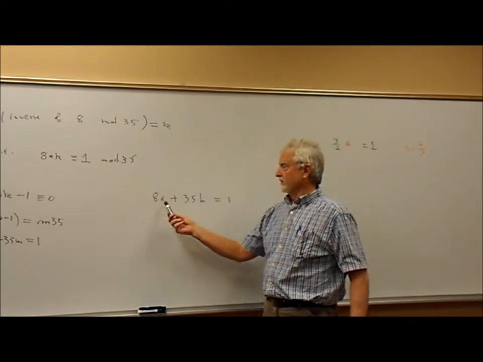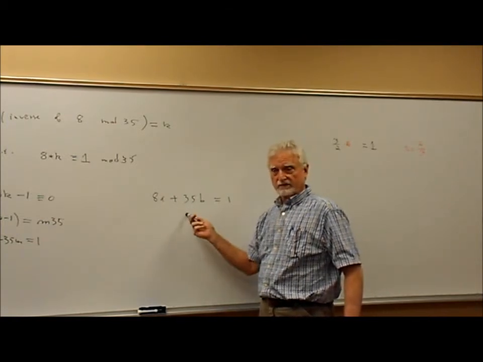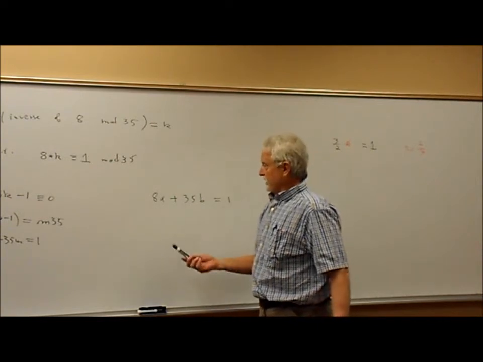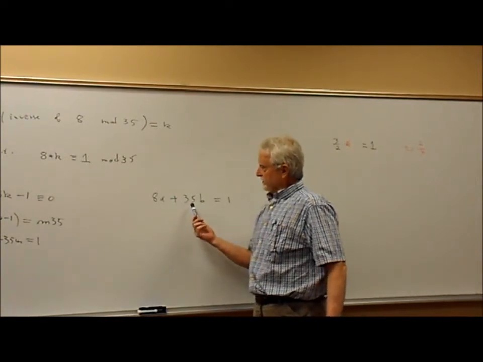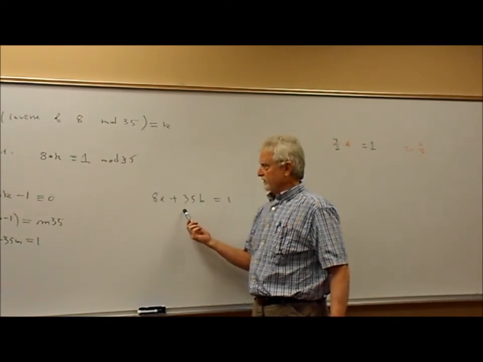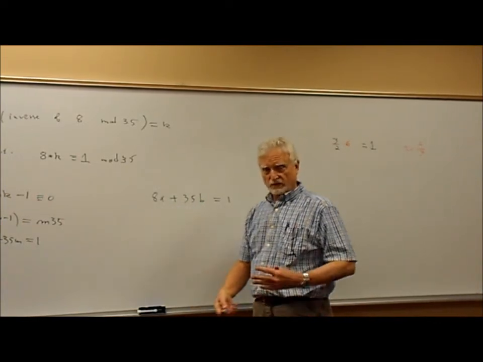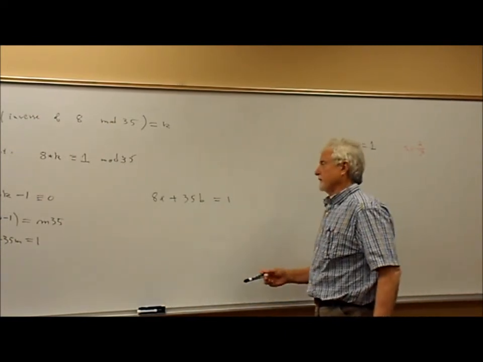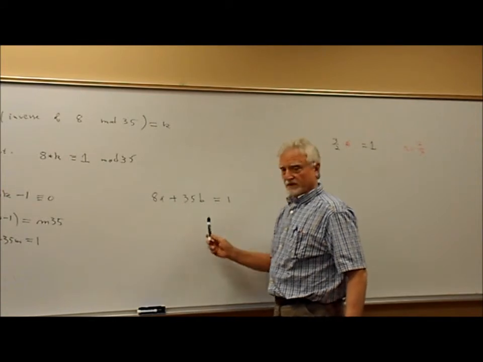Right. So the greatest common divisor of 8 and 35 is 1. And we can see that pretty readily by the fact that 35 has prime divisors 5 and 7, and 8 has prime divisor 2, and those don't have any in common. So they're relatively prime. And therefore, these numbers a and b must exist.